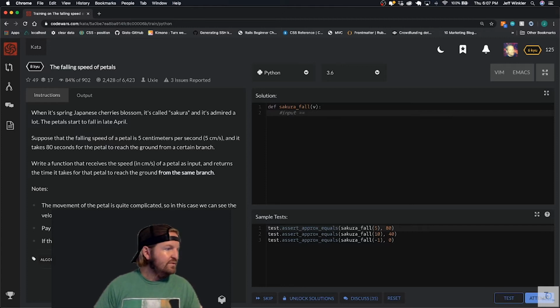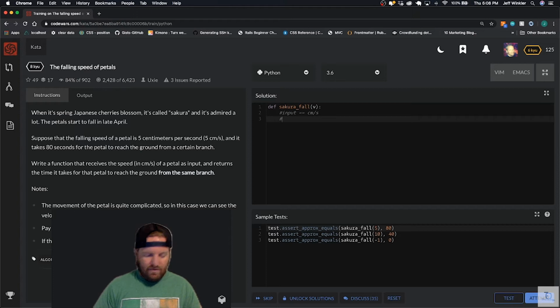Input is centimeters a second, and then we're going to output how high, and return the time it takes to reach the ground.